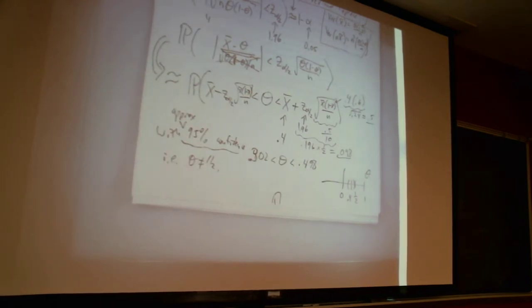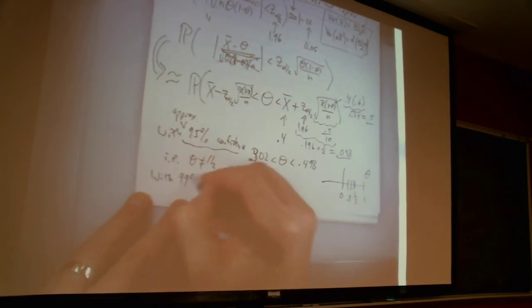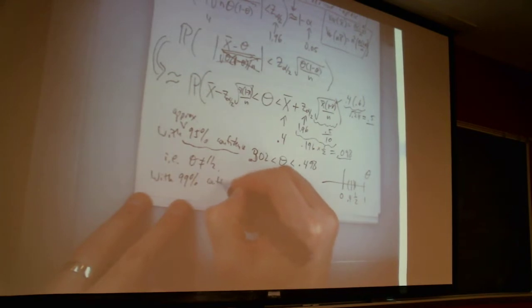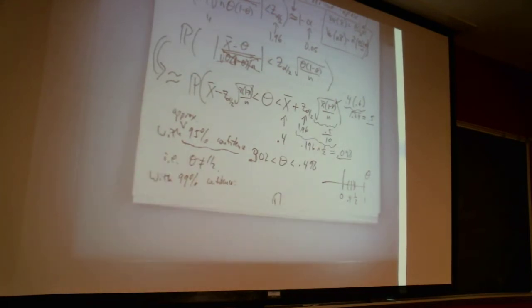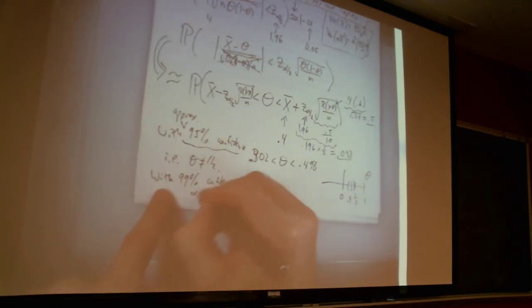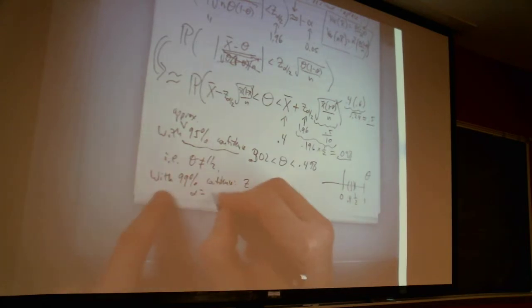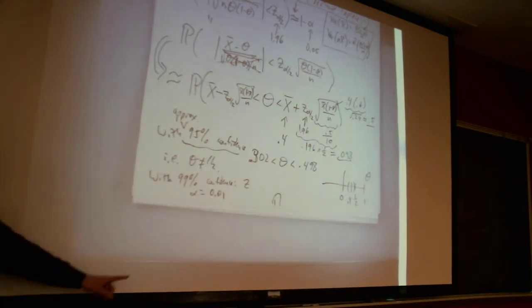How about 99% confidence? Does anybody know what z for 99% is? So 99% means alpha is equal to 0.01, right?